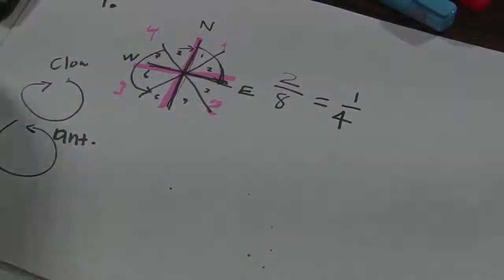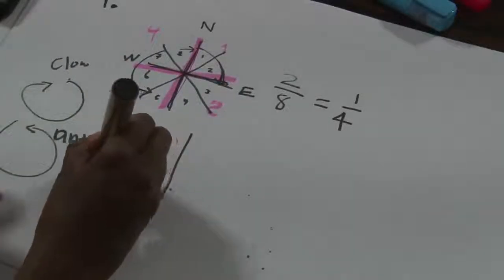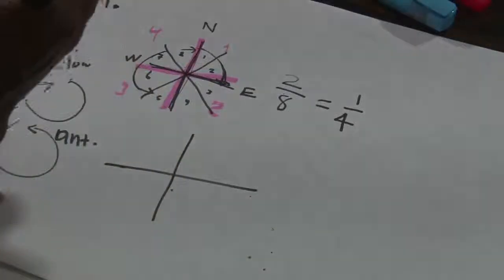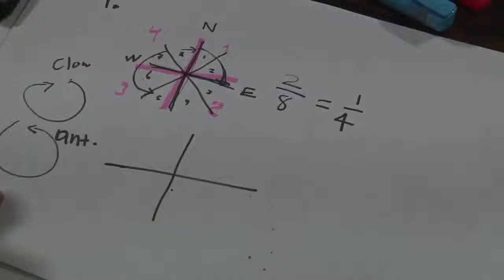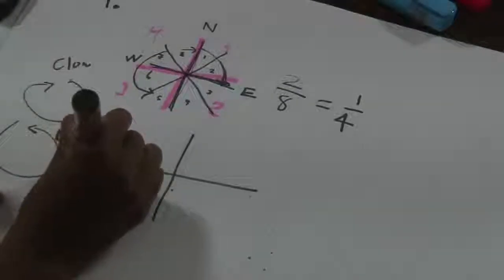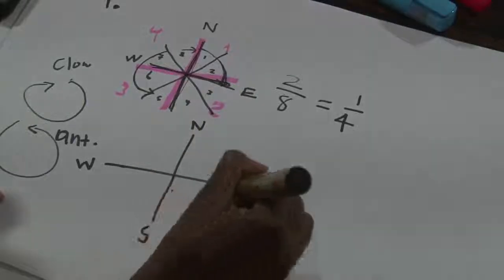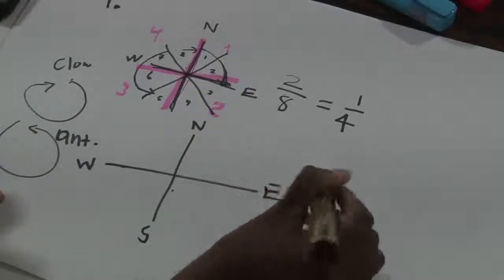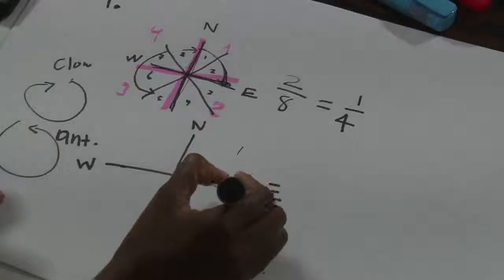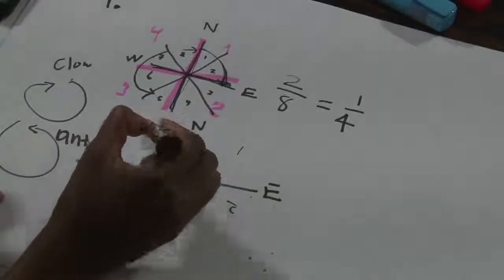Sorry, let me just draw another one. So this person is now facing west. This is north, this is south, this is east. So 1, 2, 3, 4.